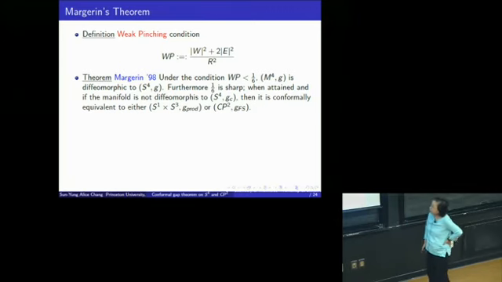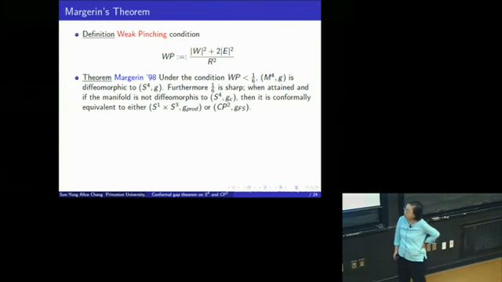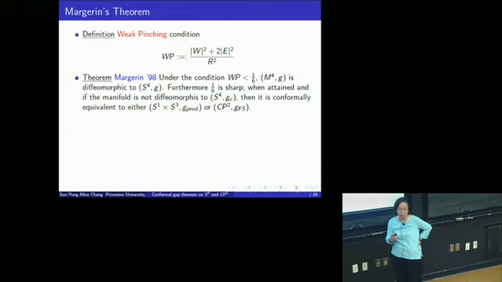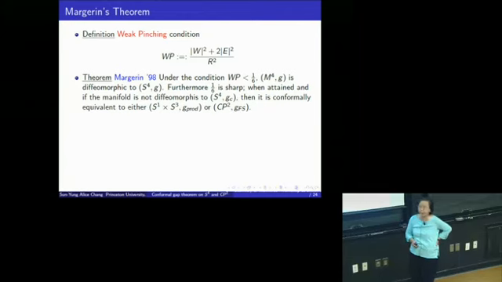And if the constant equals 1/6, then this manifold can still be diffeomorphic to the 4-sphere, but if it's not, then there are two cases. It's conformally equivalent, up to a conformal change of metric, to either S1 cross S3, the standard product, or CP2 with the Fubini-Study metric.